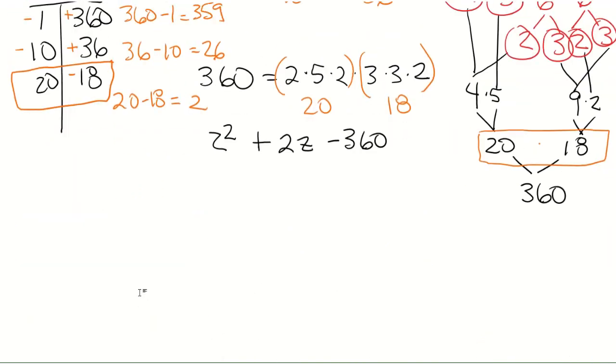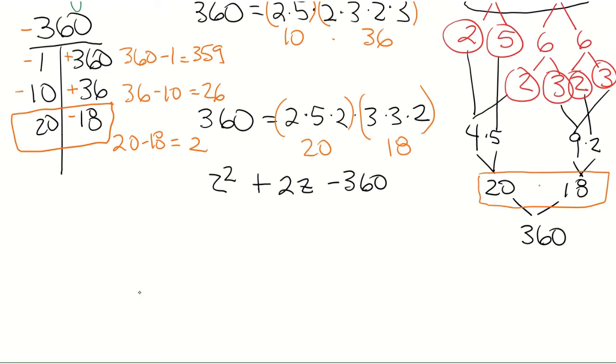Now what I'm going to do is replace that 2z with my positive 20 and negative 18. So I'm going to take that z squared, and then make that plus 20z minus 18z minus 360.